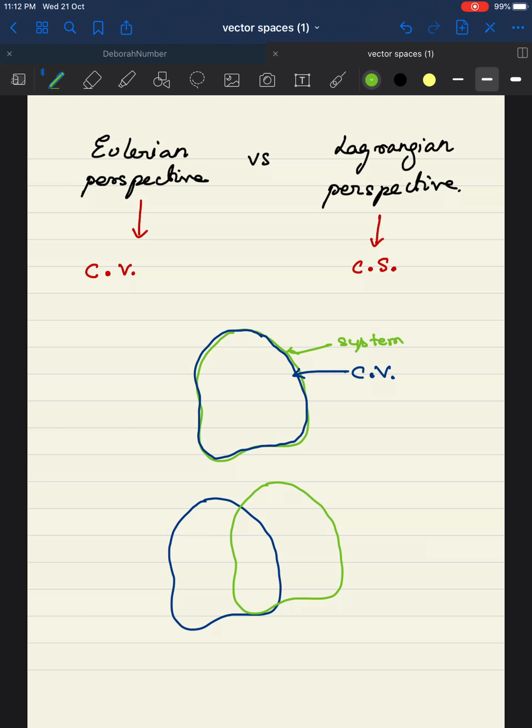System means the control system of particles, and there is some fluid which is moving through space. We'll see when we do this through the Leibniz rule that we don't need to learn it this way, but for the time being, let us imagine a fluid moving, and let's say this is at time t.